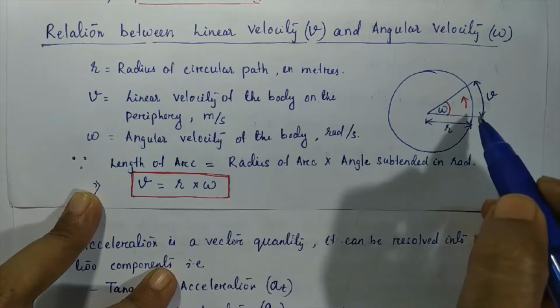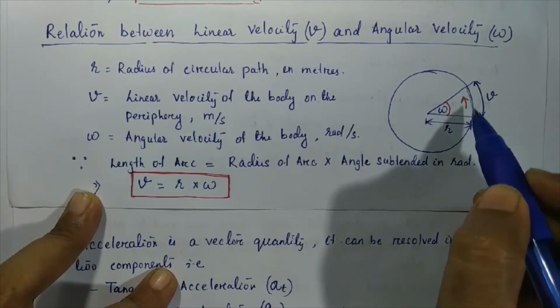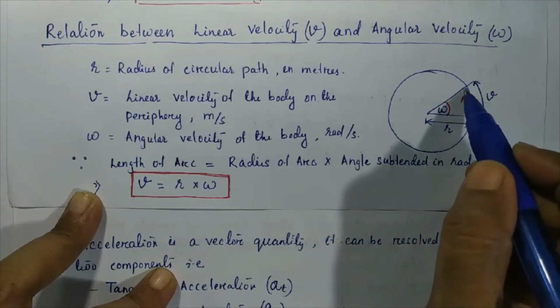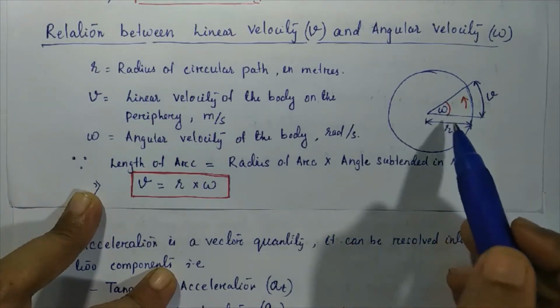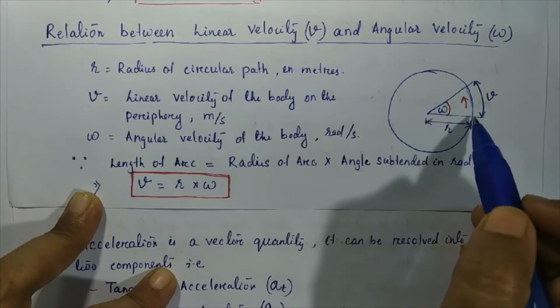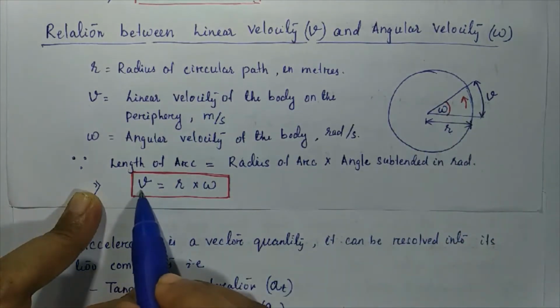So we know that the length of the arc, so this is the arc of the total circular path, is equal to radius of arc into angle subtended in radian. This length of the arc is measured as small v. So what is this v?